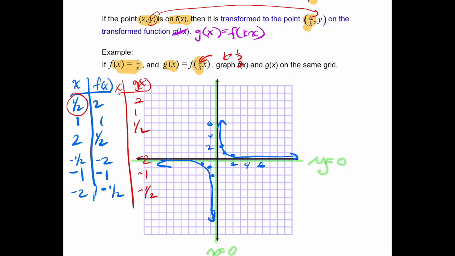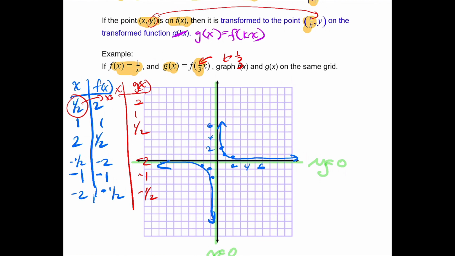So really this is the same thing as multiplying by 3. So we're taking each of these values and multiplying by 3 now. So 1/2 times 3 is 3/2. 1 times 3 is 3. 2 times 3 is 6. So we have this new set of 3 points for g of x: 3/2 comma 2, 3 comma 1, 6 and 1/2. So let's plot that.